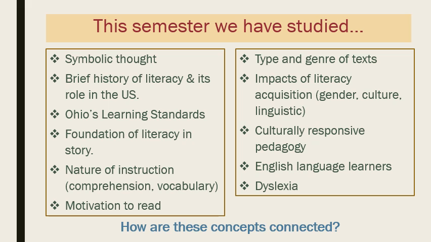I believe with Dr. Cahus, you had a brief history of literacy and its role in the U.S. My first week, we touched again on the Ohio Learning Standards and saw how important those were with the formulation of the lessons that we will be presenting to our students.